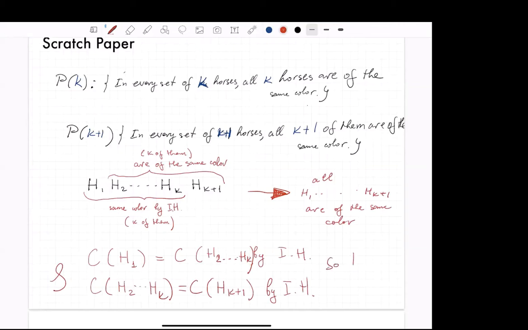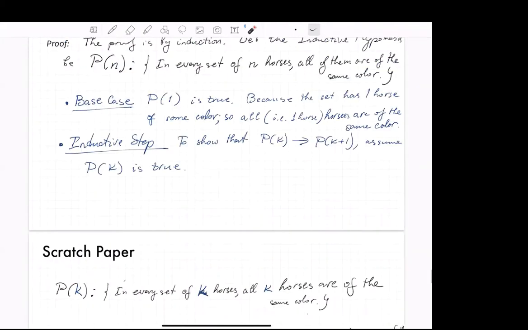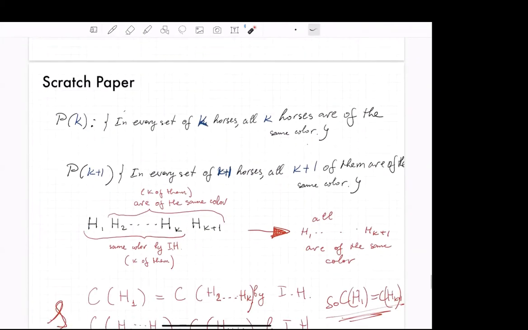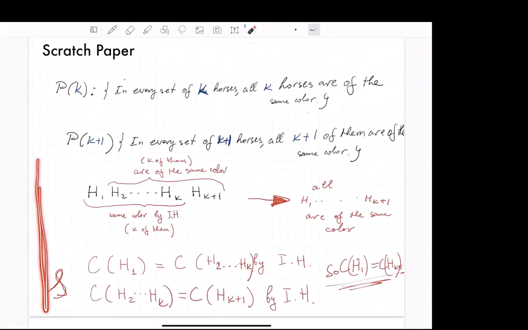So the color of H1 is the color of H K plus 1. So all horses are of the same color here. You can see it from the picture that all K plus 1 of them have to be of the same color. So I've concluded my inductive step. I don't think anyone can argue with this argument.